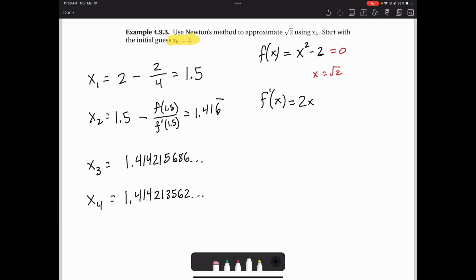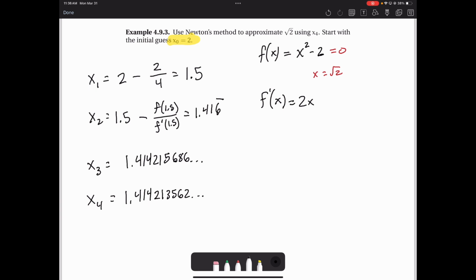Even x sub 2, we were already at 1.41 after 2 iterations. The third iteration just got us more accurate to the thousandth place. And by the fourth iteration, I was already fully accurate up to 5 decimal places, and it was just fixing everything past that. So it's really effective when it works. It's just lots of decimals.